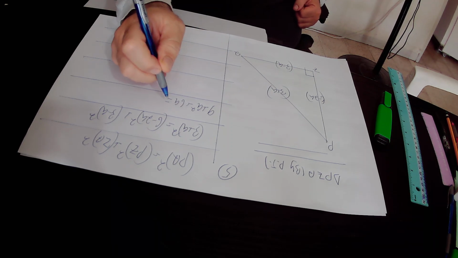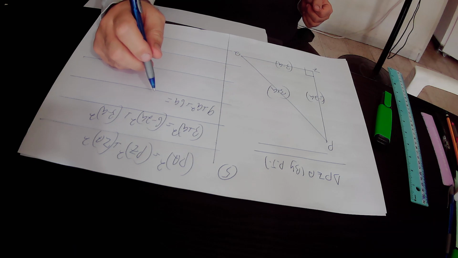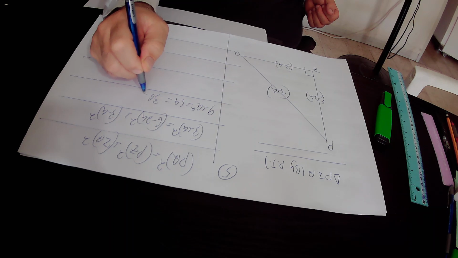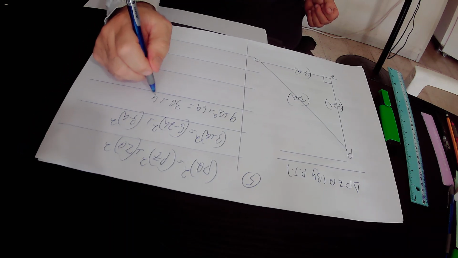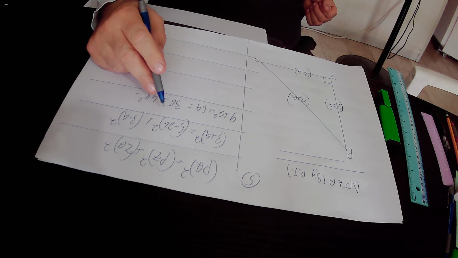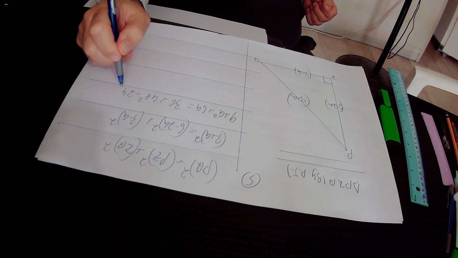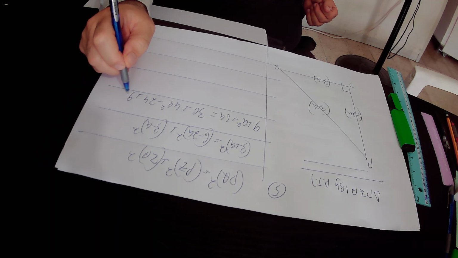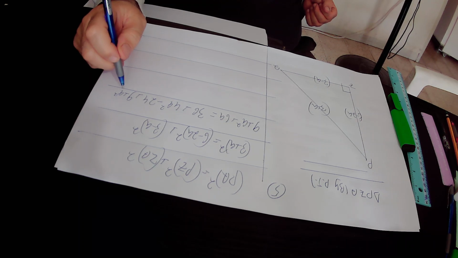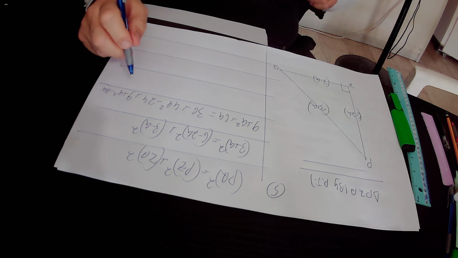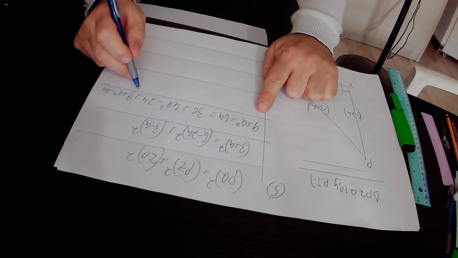On the other side of the equation we have (6 minus 2A) squared, which equals 6 squared, that is 36, plus (2A) squared, that is 4A squared, minus 2 times 6 times 2A, that is minus 24A, plus (3 minus A) squared. (3 minus A) squared equals 3 squared, that is 9, plus A squared, minus 2 times 3 times A, that is minus 6A. So here we have 9 on both sides of the equation, so 9 will get cancelled.